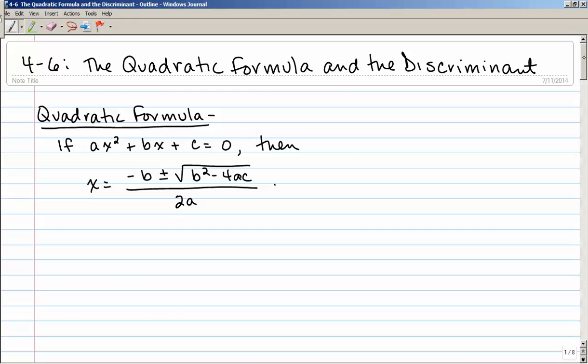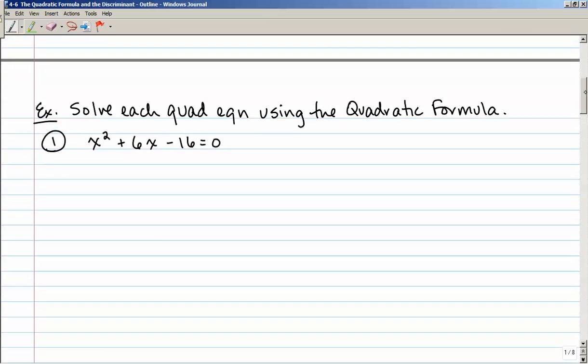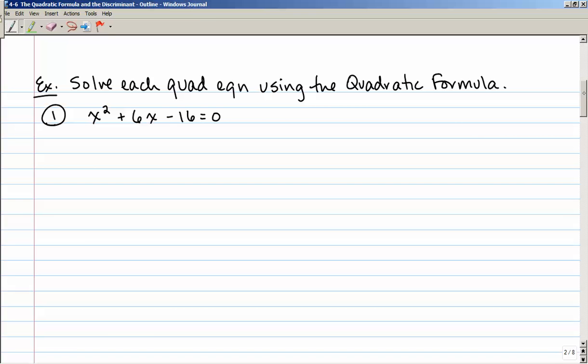Now we're going to use it and come up with some more interesting answers than we did back in Algebra 1. So, let's use the quadratic formula to solve each quadratic equation. First thing that we really want to do is find what a, b, and c are. A is the coefficient of x squared, b is the coefficient of x, and c is the constant all by itself.